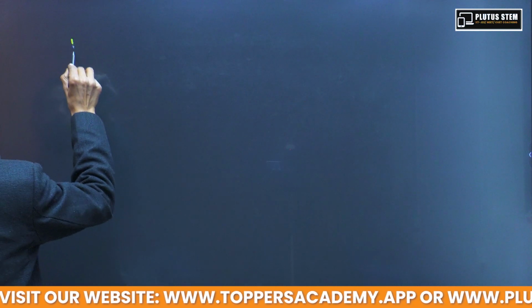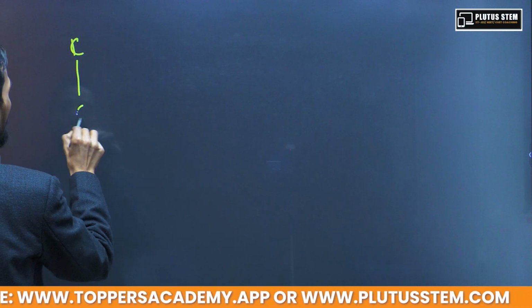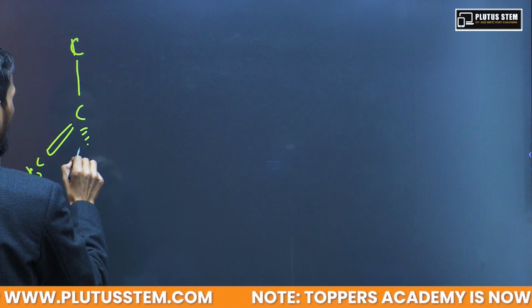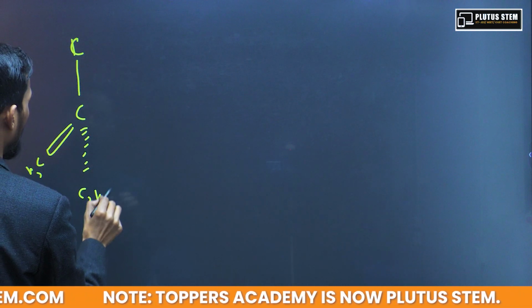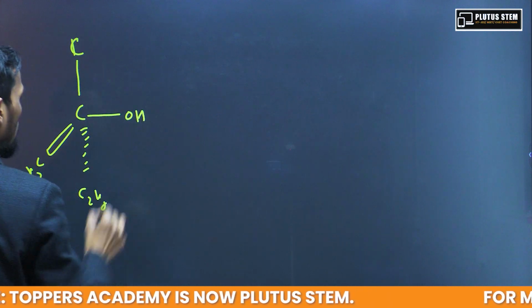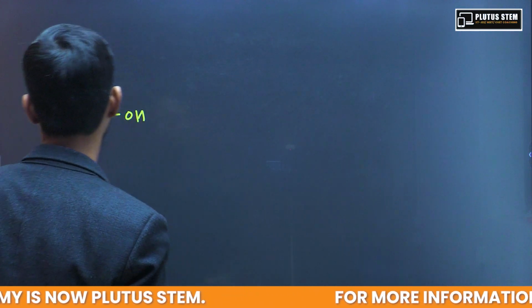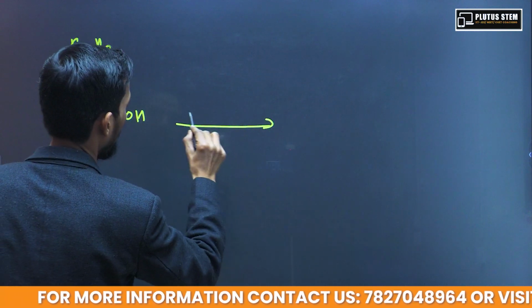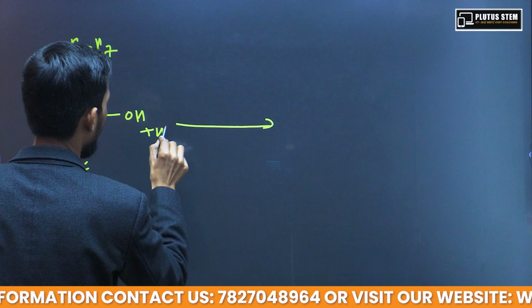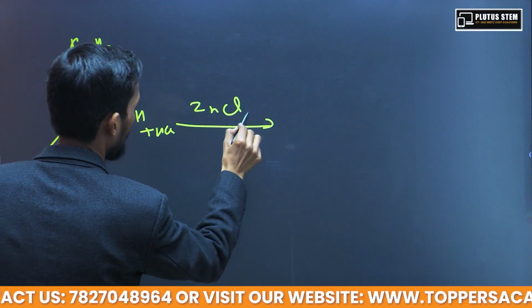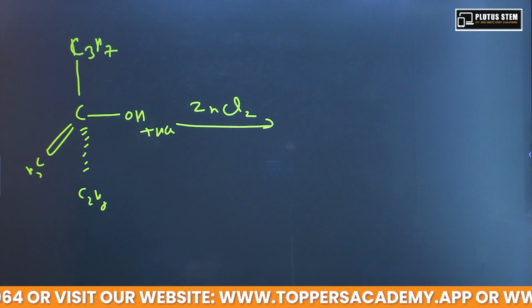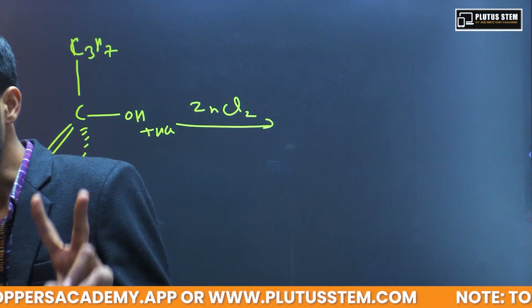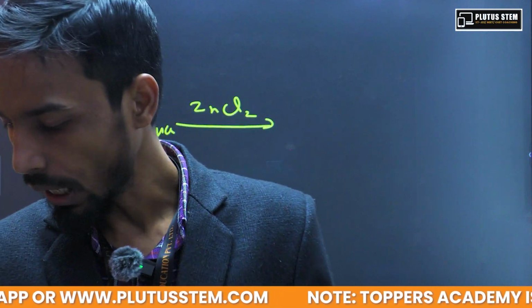Let's say this is our OH, and it is being reacted with HCl in presence of ZnCl2. So over here we will see two types of product.